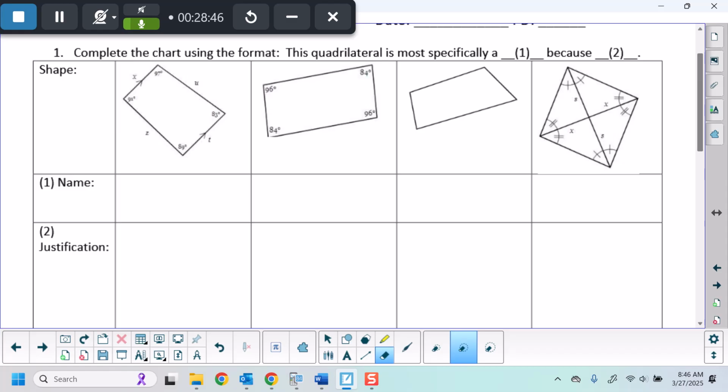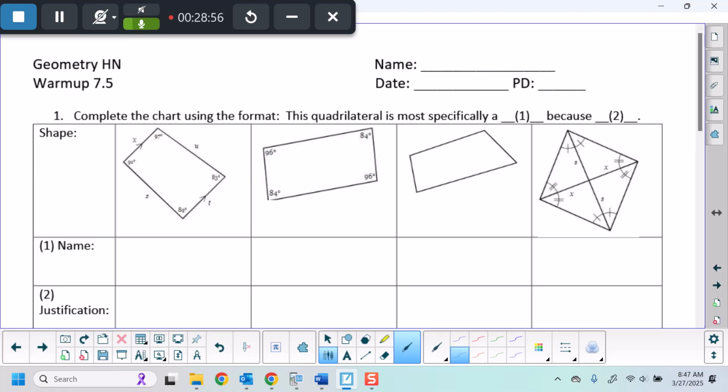So I'm not going to ask you to write this sentence, but I want you with your partner to say, this quadrilateral is most specifically a blank, and you're going to fill in the list of what it is most specifically in there. And then your word because, remember this is our word of the year, because. And then that's what I want you to say.